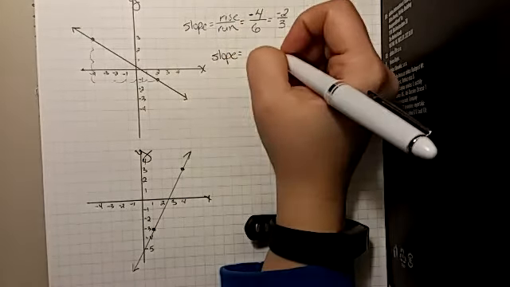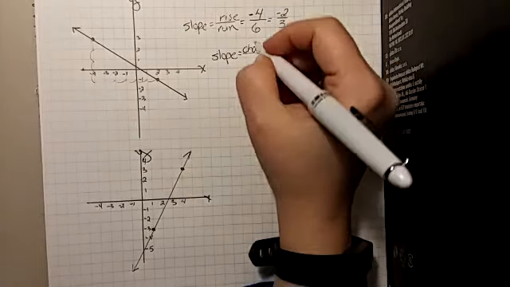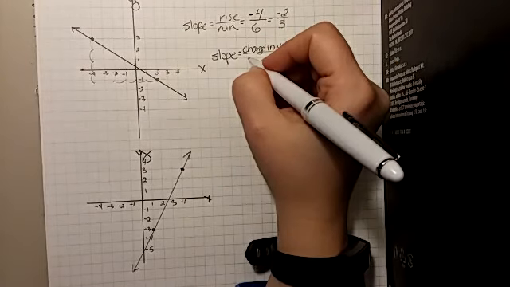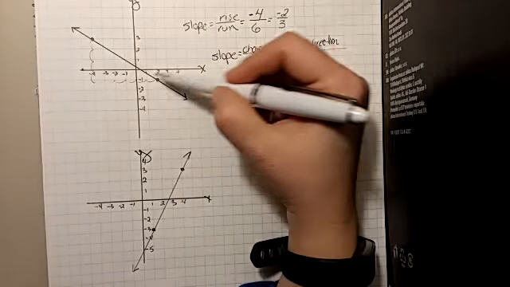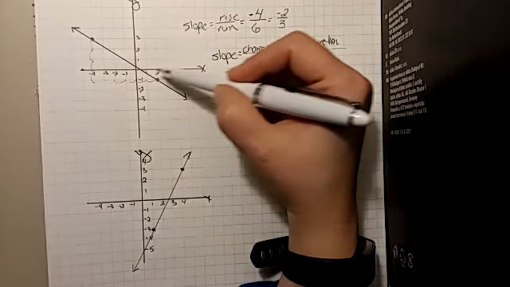So this is a change in the vertical direction. Over, we know that it's run typically, but run is horizontal because we go from left to right. And so this is a change in the horizontal direction.